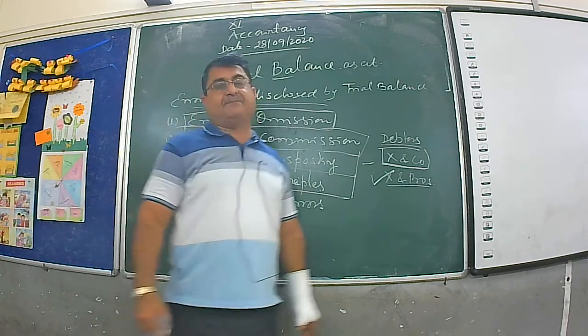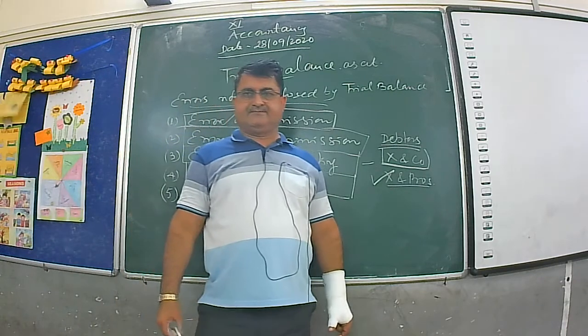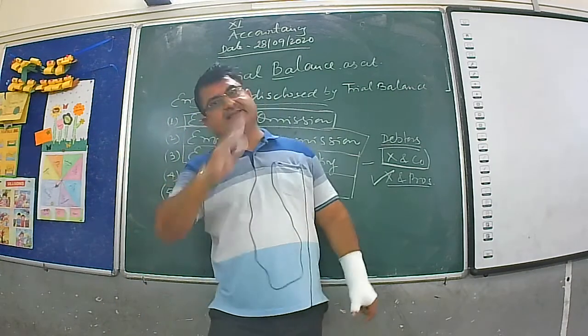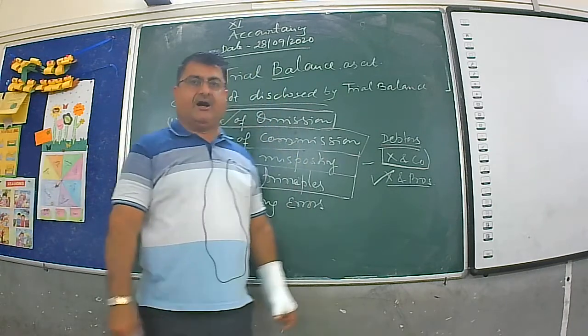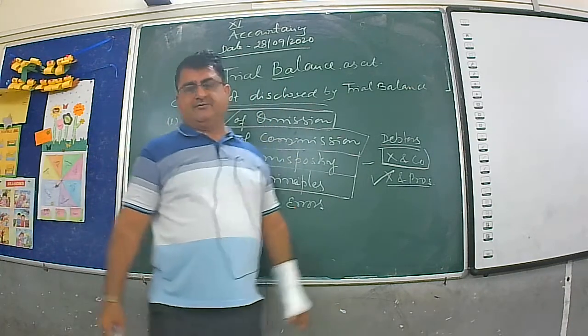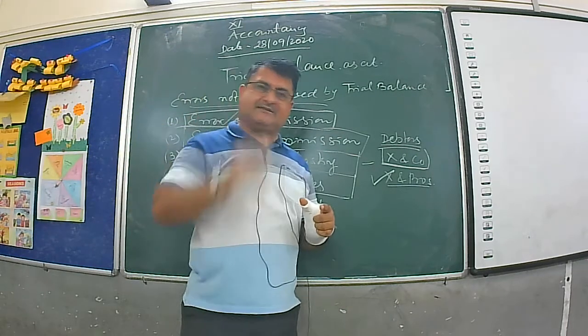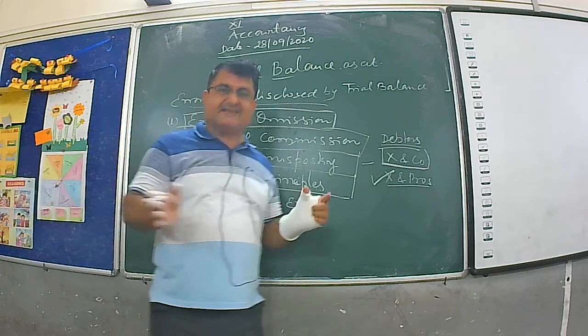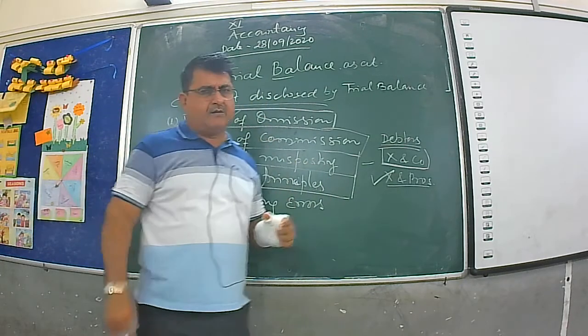Now, in case the person who is in charge of recording business transactions paid repairing charges of 10,000, and in place of debiting the repairing charges account, he has debited the building account. So the value of the building asset will go up by rupees 10,000. Repairing charges paid for that building may not appear in the respective ledger account.